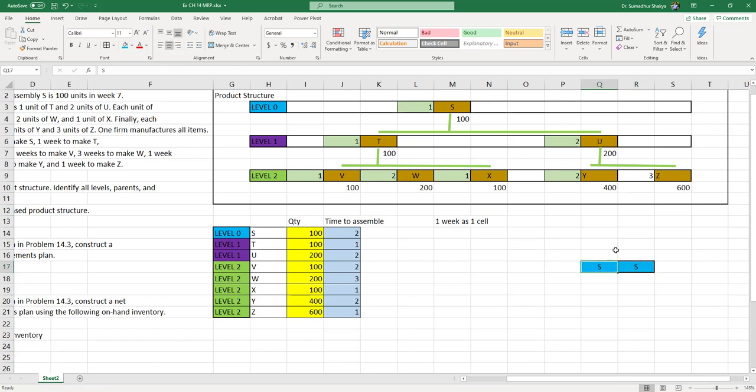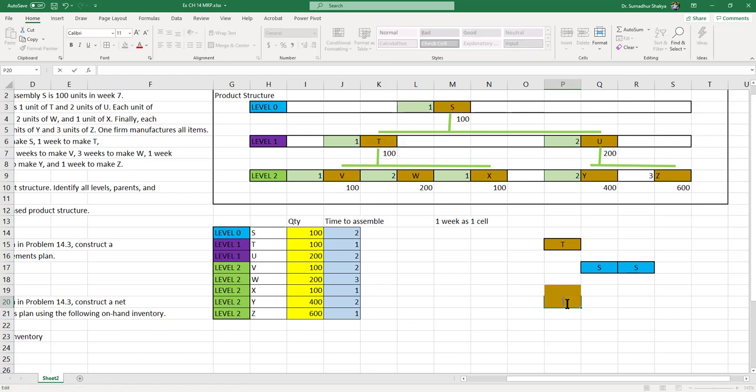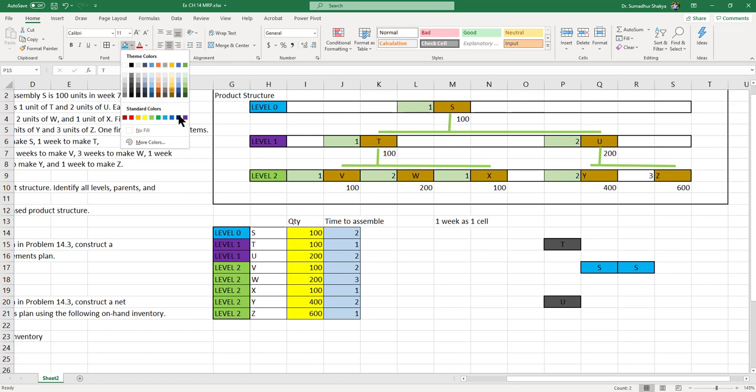Okay, so it takes 2 weeks for S. Now S needs T and U, so I'll put in T here, T, and let's say U. Oops, caps lock. And also keep it color coded, such that T can be made in 1 week, but U requires 2 weeks.